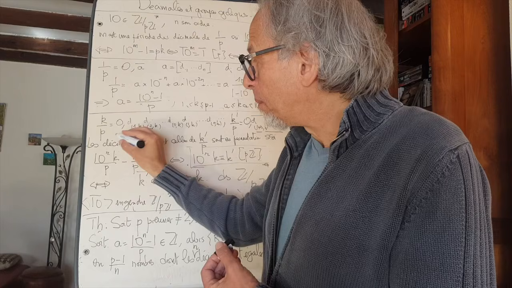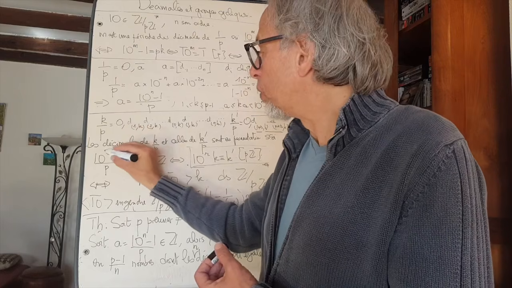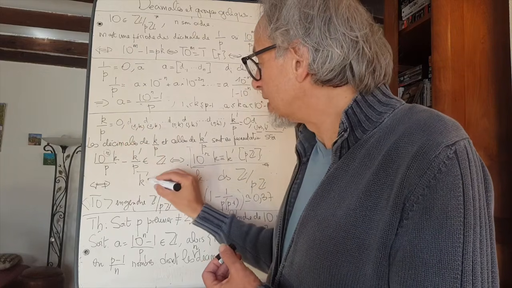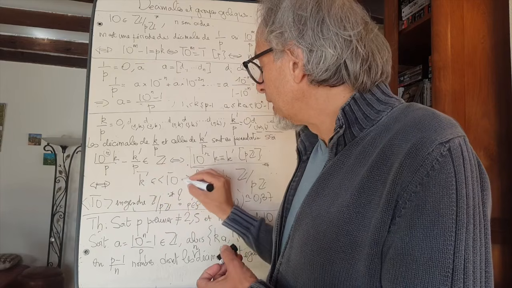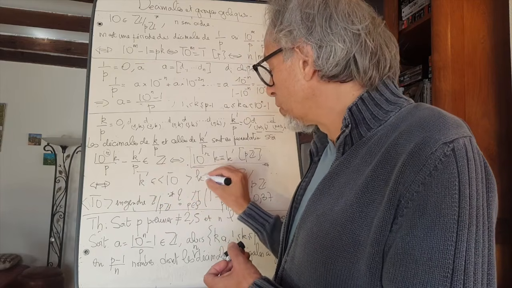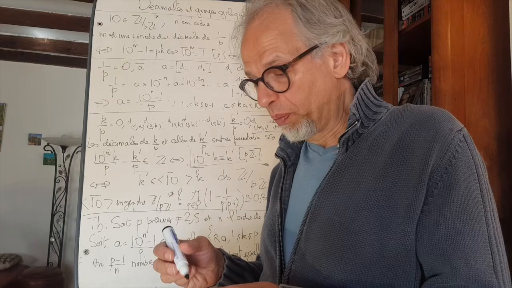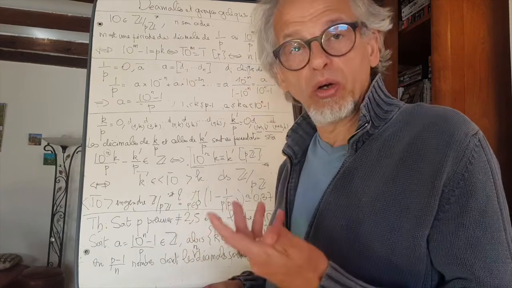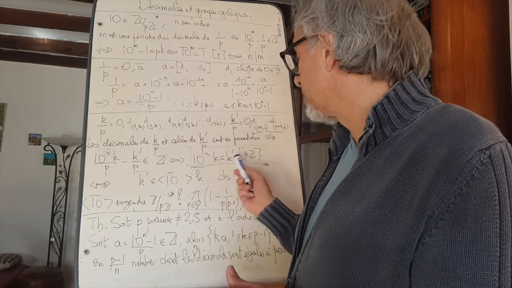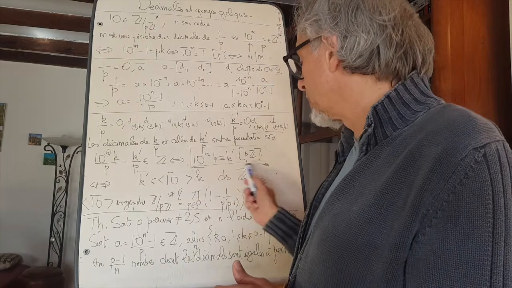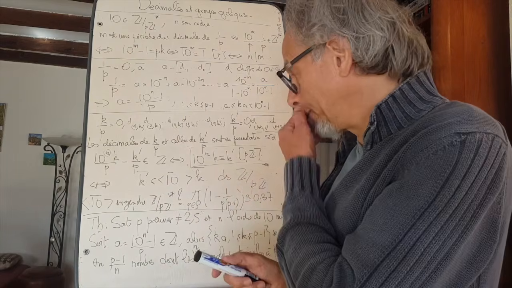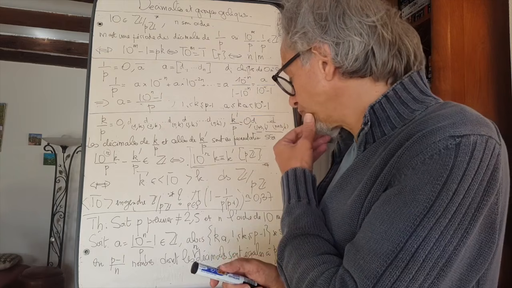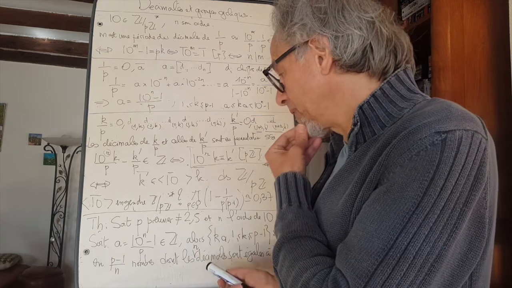Since we have not imposed the number r, this says that k' is in the same class as k modulo the multiplicative subgroup generated by 10. Okay, that's exactly what we've shown in (Z/pZ)*.